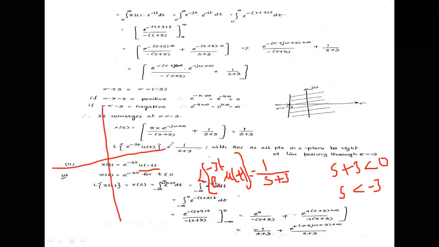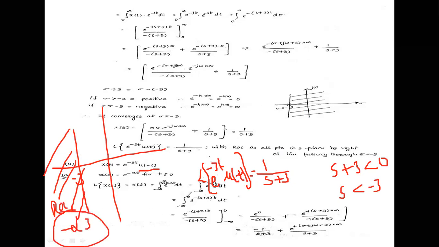So what is the region of convergence? It is from the left side, from minus infinity to minus 3. For this region only we have the region of convergence, and you can apply the inverse Laplace transformation.